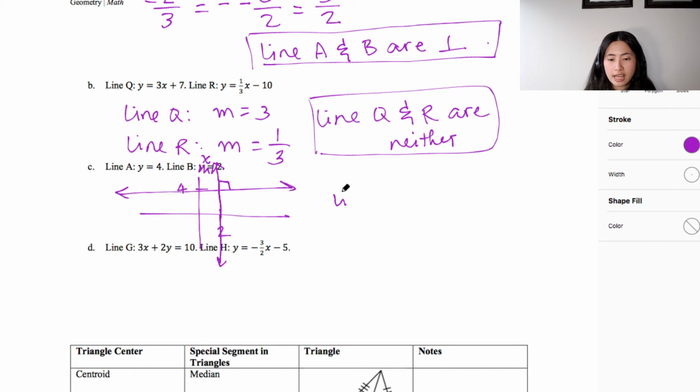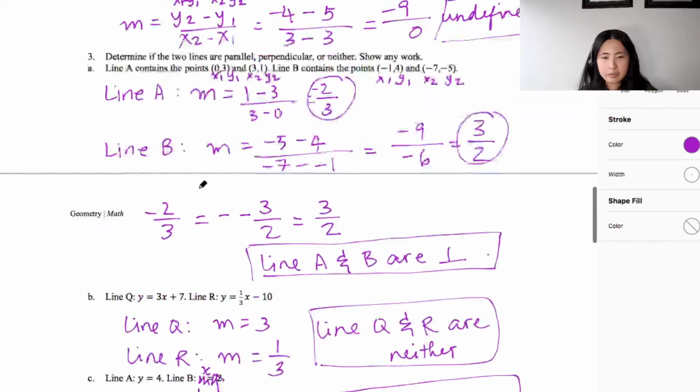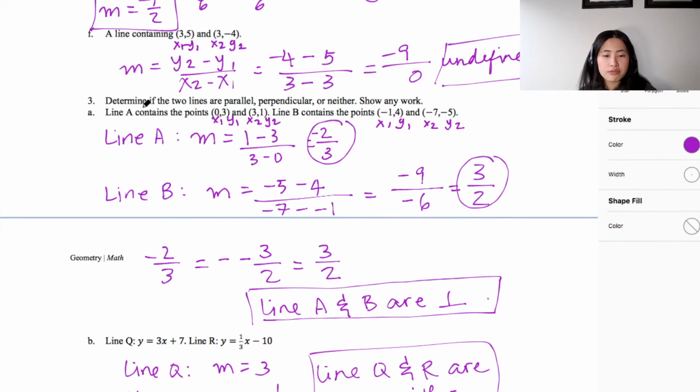Therefore, you can say that line A and B are perpendicular, because even though your slope for line A is 0 and your slope for line B is undefined, they're still forming a perpendicular line, right? Because the question here is determine if the two lines are parallel, perpendicular, or neither.